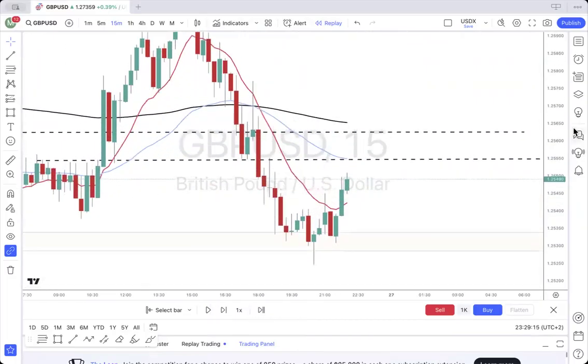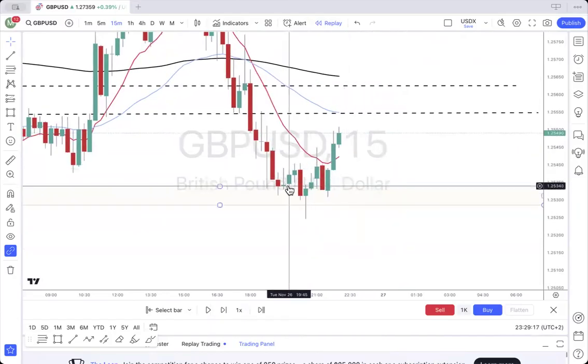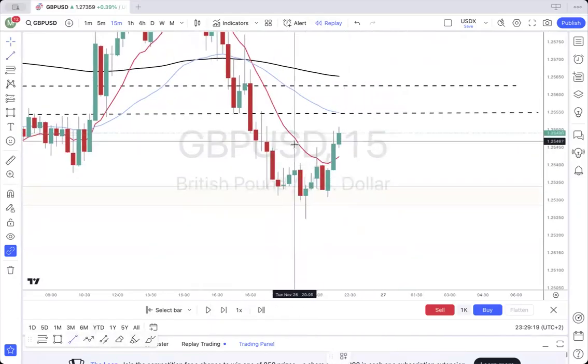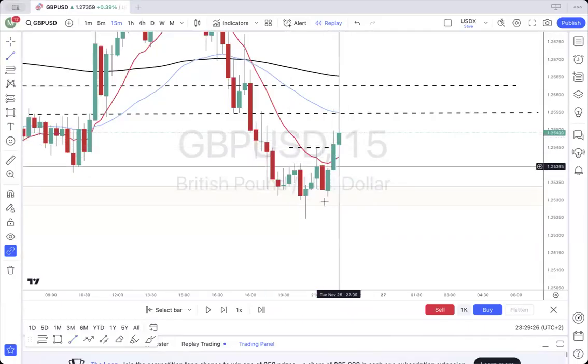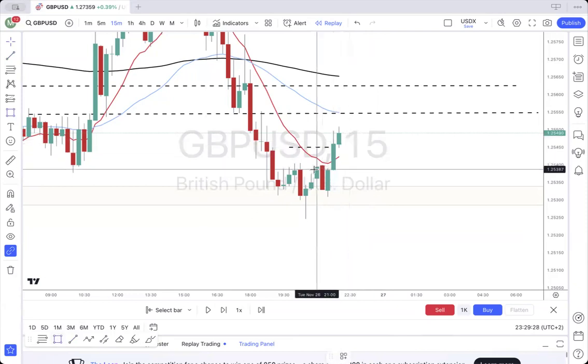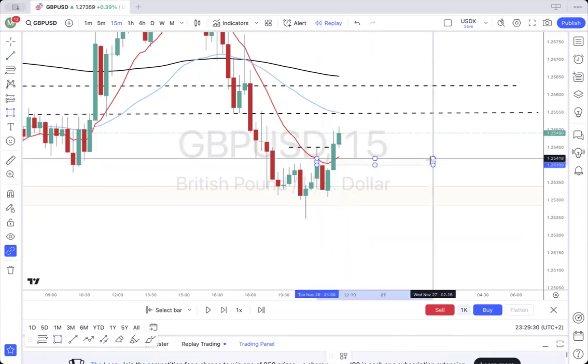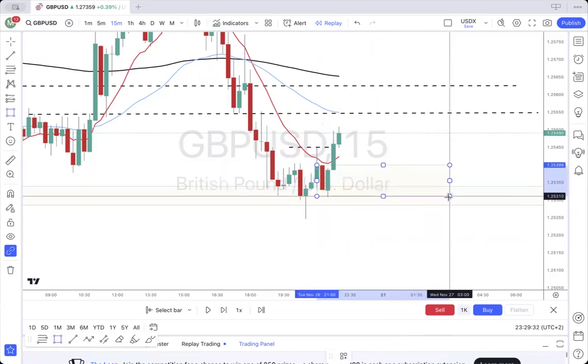Okay. So having this now, this becomes your W. Now, this being your W, you want to get your entry there. So let's say your stop loss has been hit and you want a re-entry. All right.